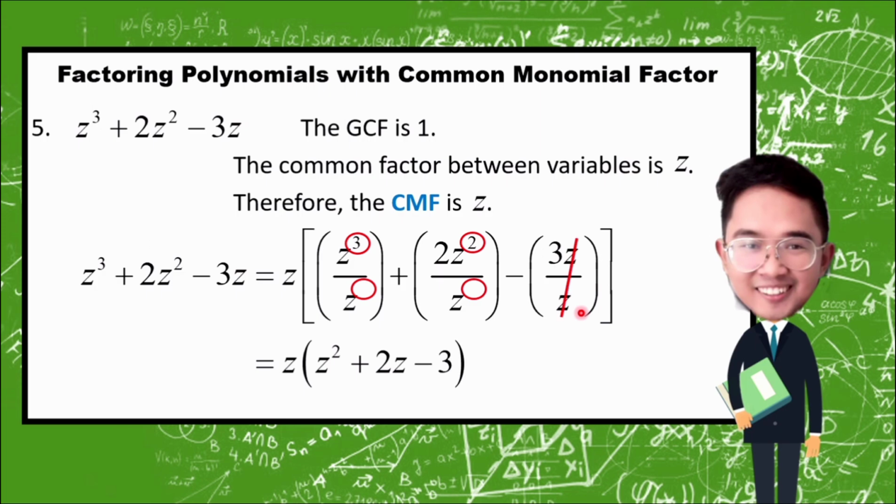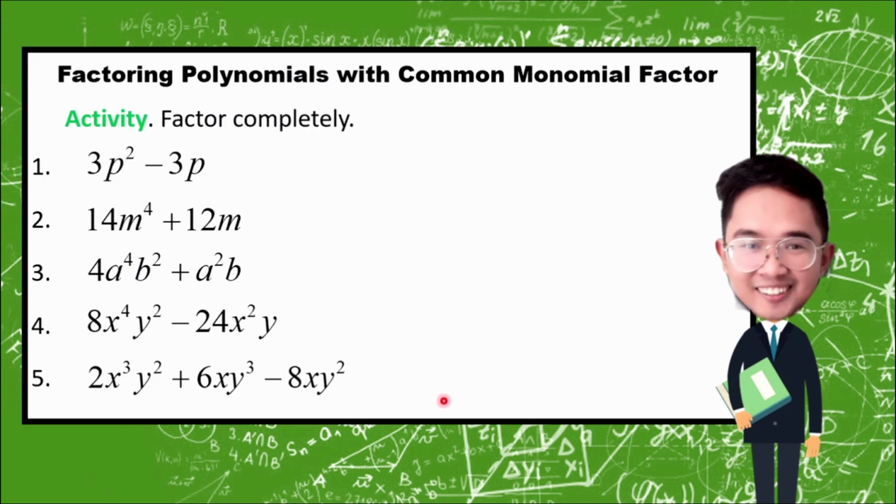So we have here minus 3. Therefore, the factors of z cubed plus 2z squared minus 3z is z multiplied by z squared plus 2z minus 3. And for your activity, please answer this in your math notebook.